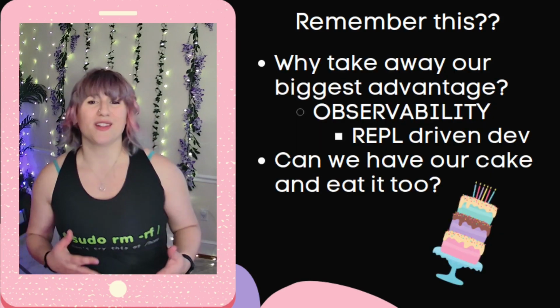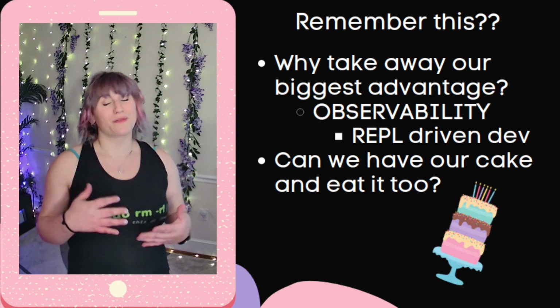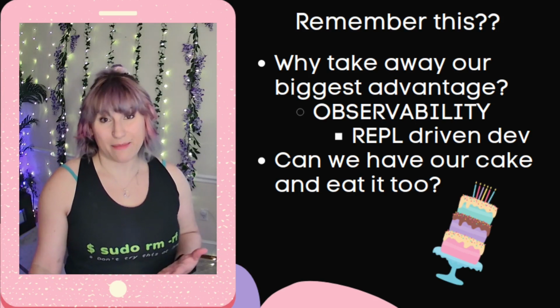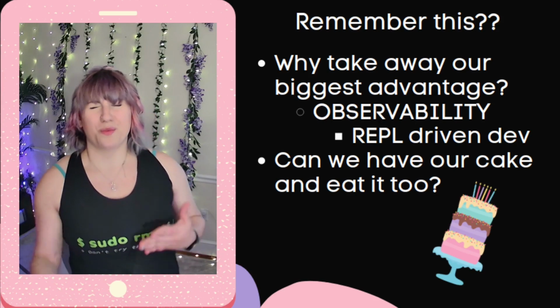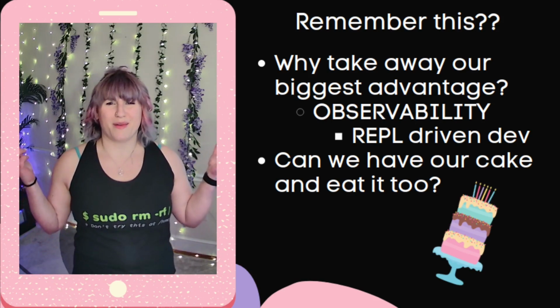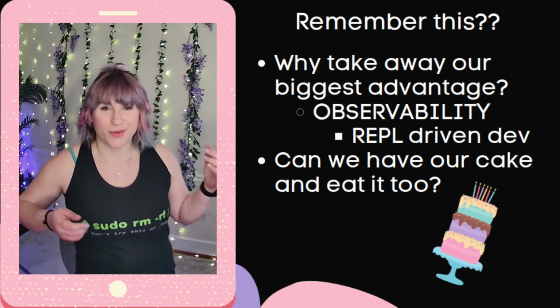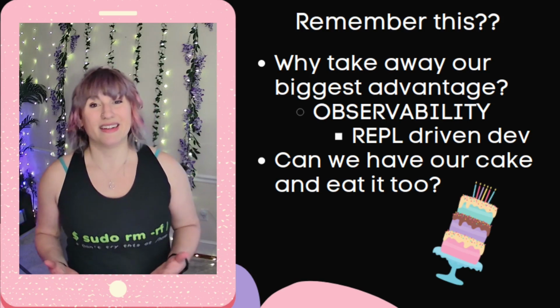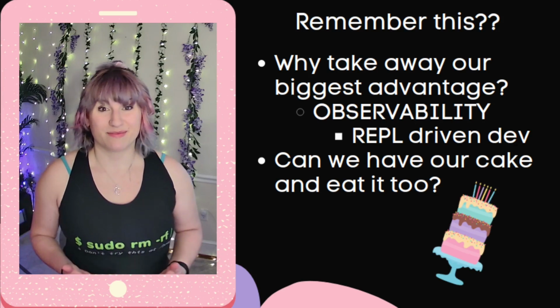The reason I feel as though these methods are less preferred in a ClojureScript application compared to a React app is because why would we throw away our biggest advantage? Which, in my personal opinion, is observability of the data via REPL-driven development.